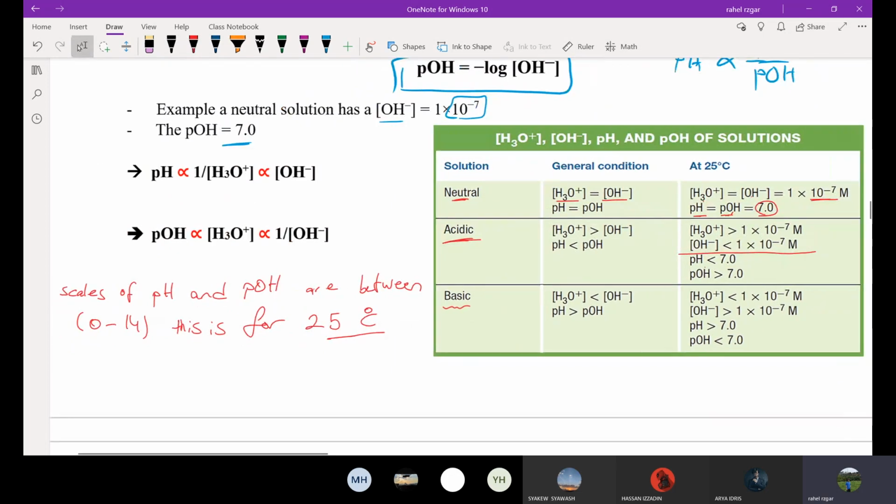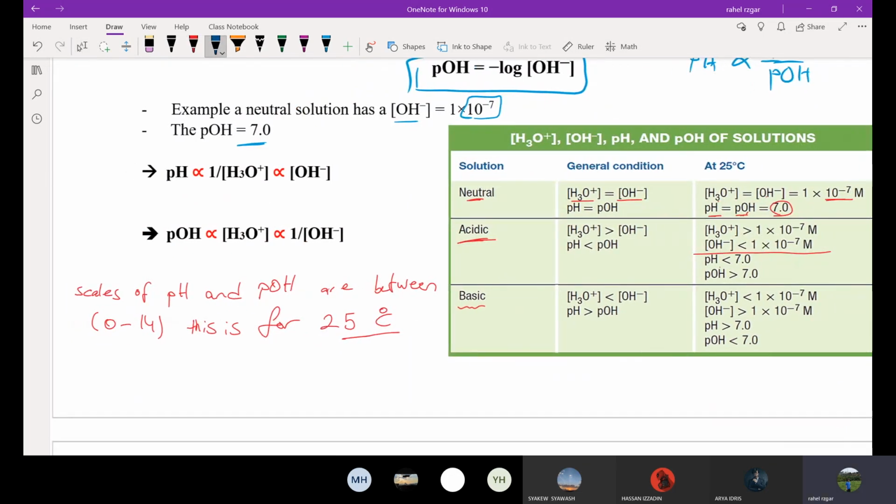Let's repeat the relation again. pH and H3O are inversely proportional. That's due to the minus log, of course. But logically, think about it. If, for example, you want to answer an exam question, this is a good way to answer it.